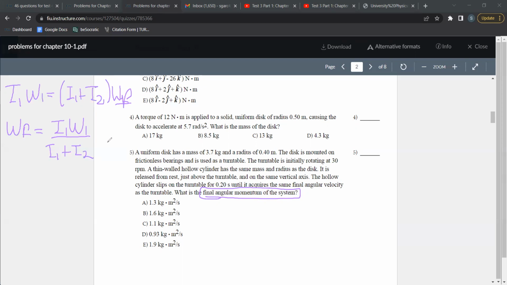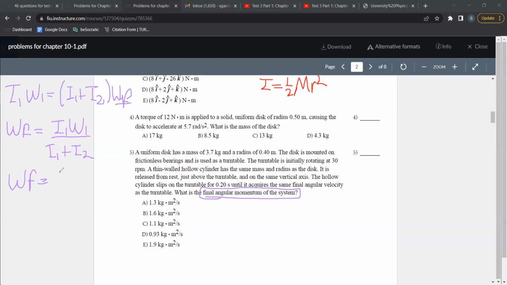Now that we got that set up, we have to remember what moment of inertia means. It is 1/2 of your mass times your radius squared. Now we'll apply that here.